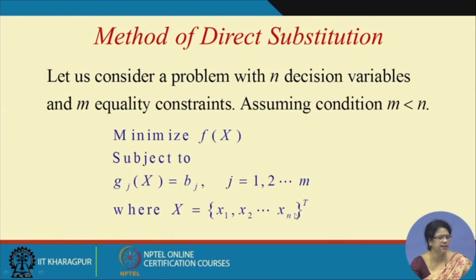One by one, let me consider this direct substitution method for a nonlinear problem of this type. Always you need to consider that M must be less than N, only then is the problem complicated. If M is equal to N, the problem is very simple for us. We will get the exact number of points and the optimal solution very easily.